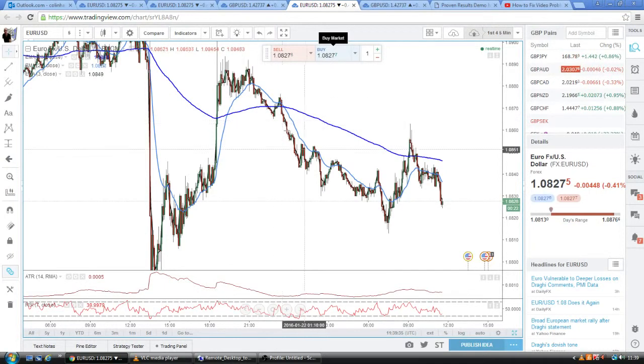The auto system saw this downward move, which is a clear break, a clear move downwards, and it's now looking for a reason to get involved somewhere around previous resistance, which is up around here, which corresponds with the 200 moving average.